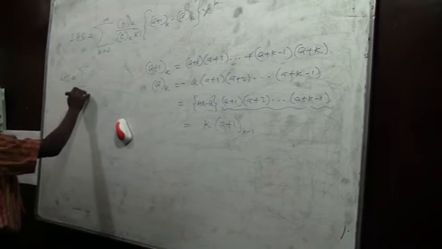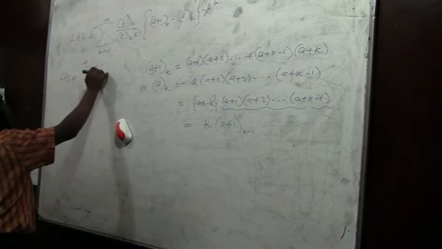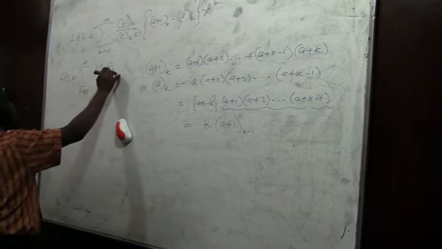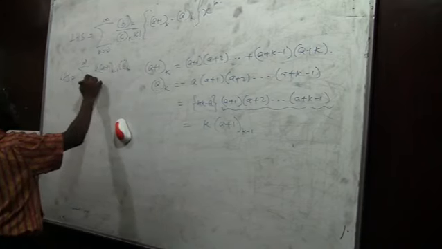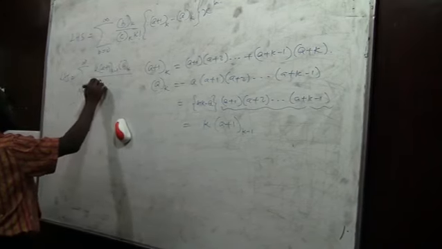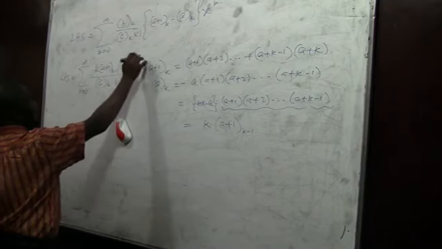becomes summation k from 0 to infinity. I have k, (a plus 1) sub (k minus 1), b sub k divided by c sub k, k factorial, x raised to the power k.